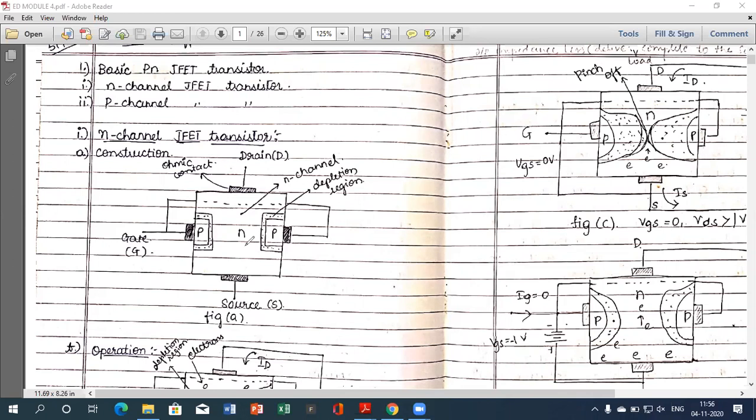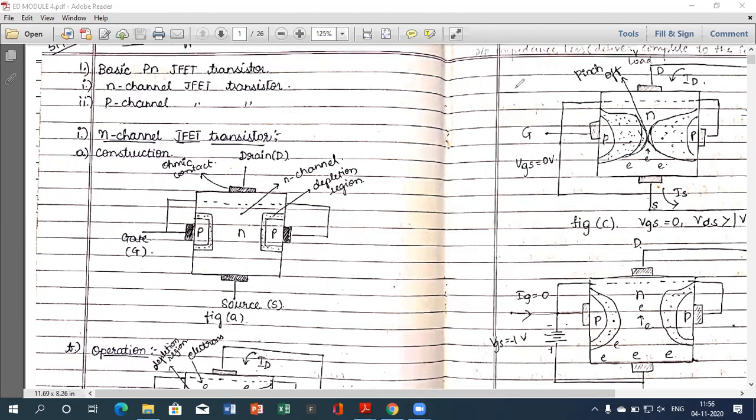So it allows the electrons to flow through the channel and causes the current between drain and source. This is about the construction of the N-channel JFET.